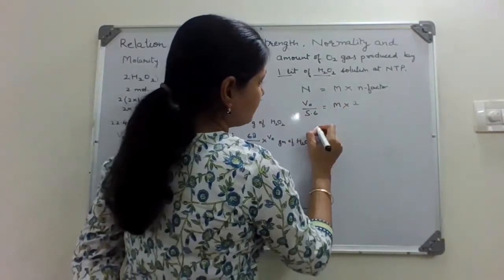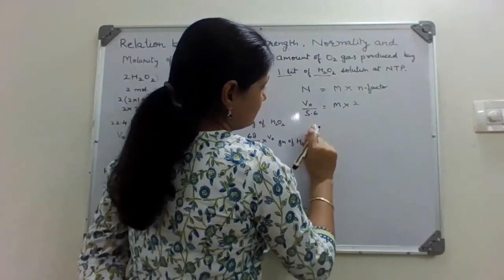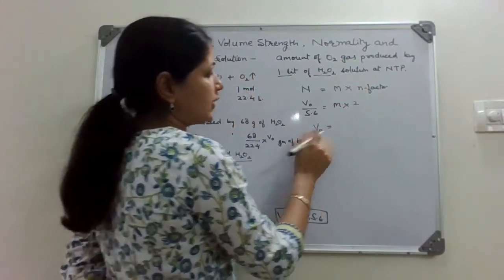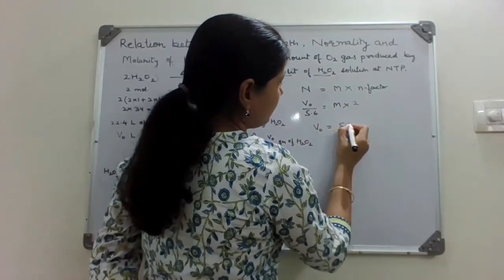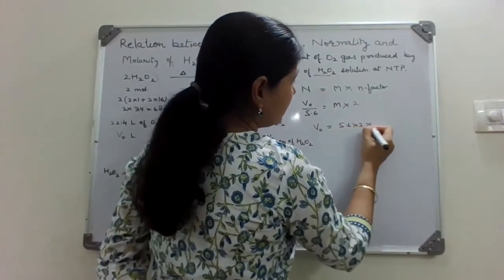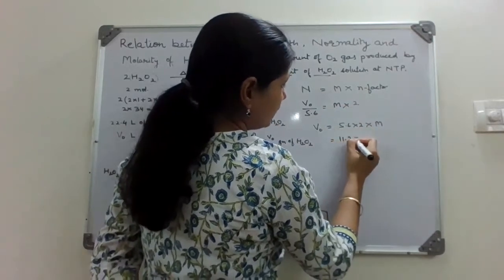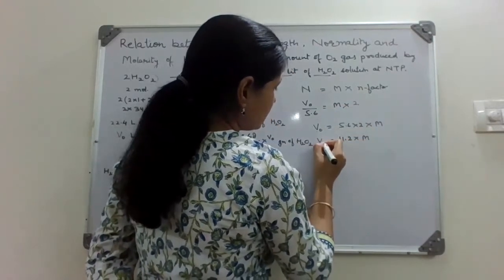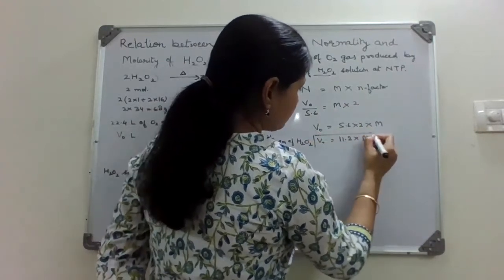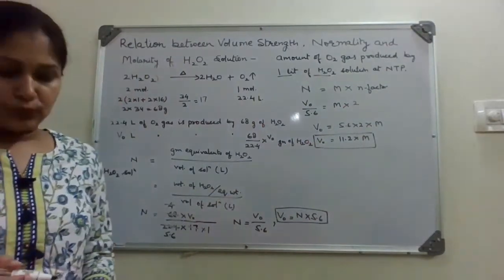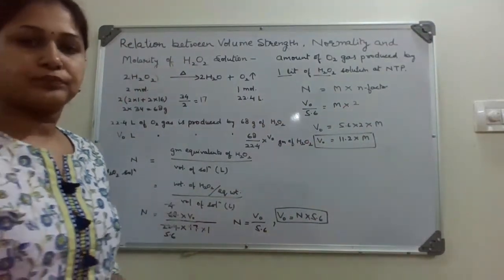So we can write volume strength for hydrogen peroxide equals 5.6 multiplied by 2 into M, or this is equal to 11.2 into M. So this is a relation between volume strength and molarity of the solution. These two formulas are used in numericals.